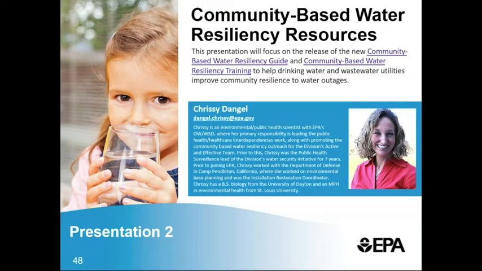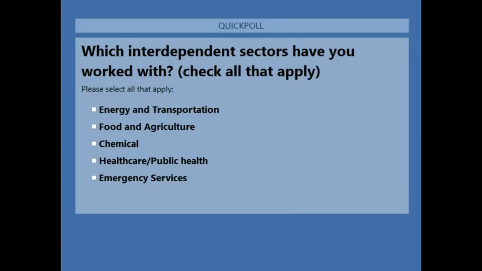I do believe we have another poll that we're going to put up on the screen before Kirsty gets started. Yes, please respond to this poll on your screen when you get a chance. Which interdependent sectors have you worked with? Please check all that apply. You can choose energy and transport, food and agriculture, chemical, healthcare, public health, and emergency services.